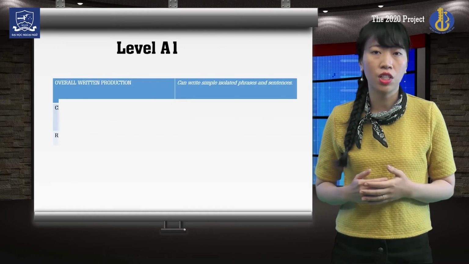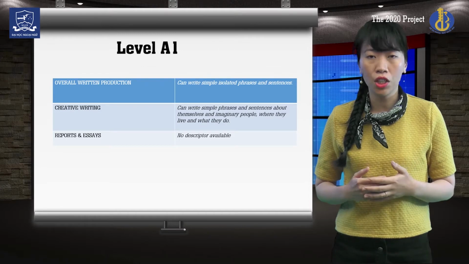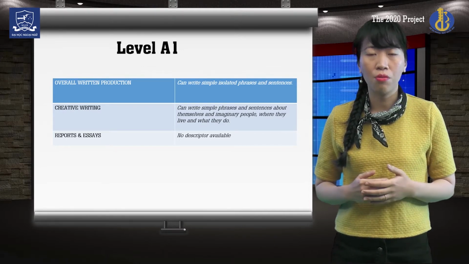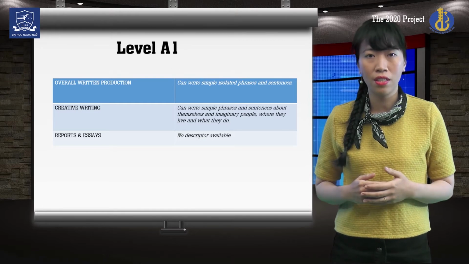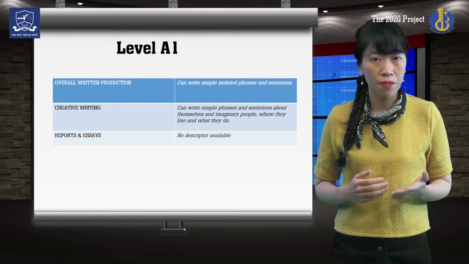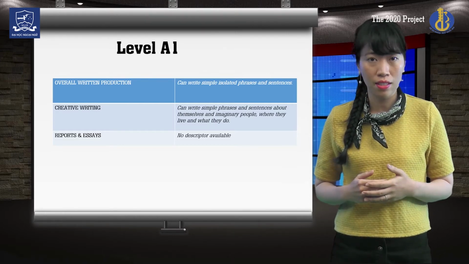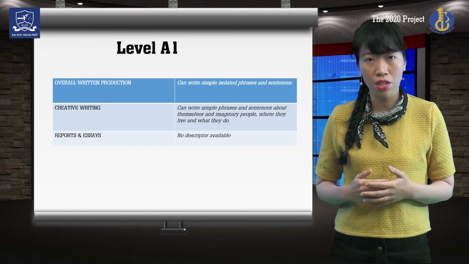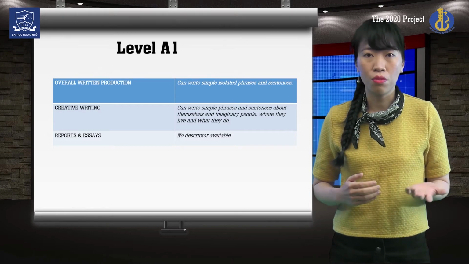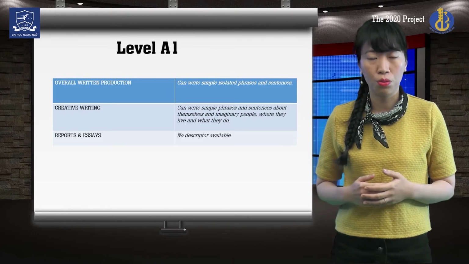Now, for written production, look at the descriptors on the screen and note down the keywords in each statement. Okay, so you see we have simple isolated phrases and sentences for overall production. More specifically, with creative writing, we have simple phrases and sentences about themselves and imaginary people, where they live, what they do. They can also write lists such as shopping and personal schedules.